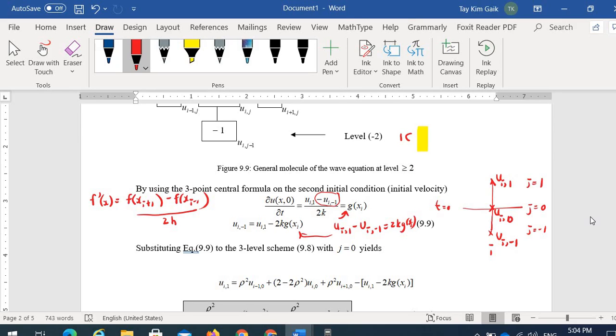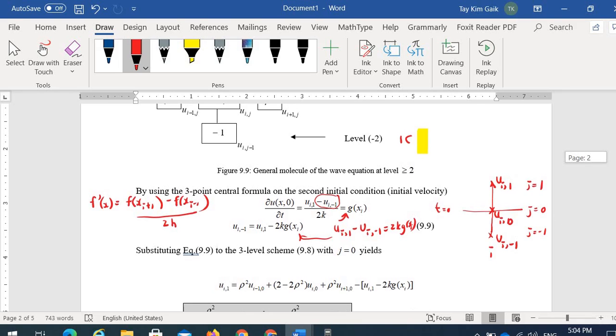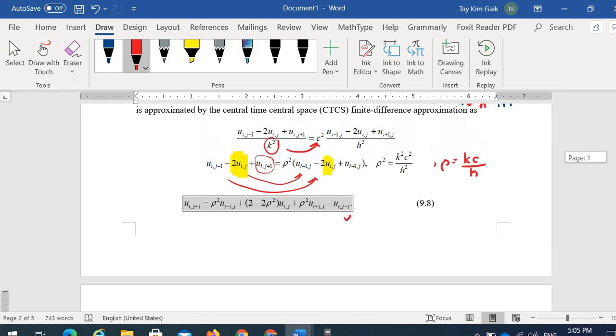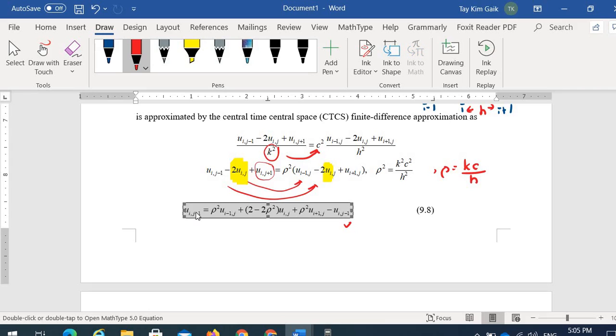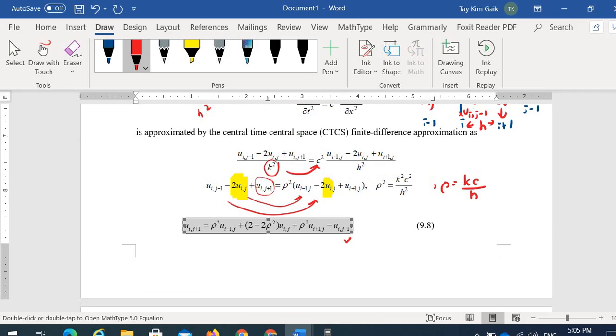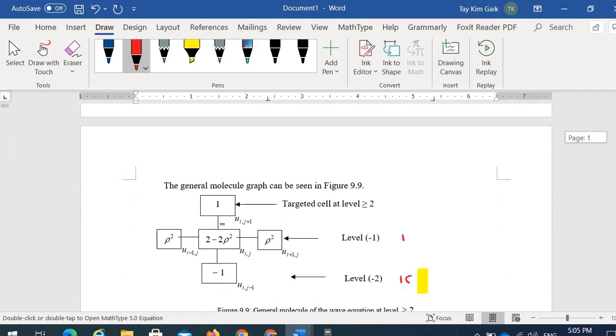And then you substitute this one into the 3-level scheme 9.8 with j equal to 0. Now the 9.8 here, I copy it down.